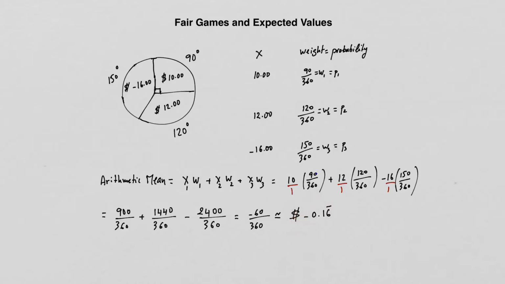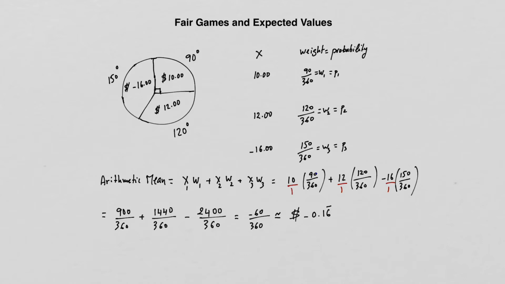That is the very first thing to realize. It's not tomatoes. It's not a percentage, because that probability has no unit, does it? Dollar times percentage is still a dollar. So this is in dollars. What does this mean? It means that if you play this game, you are expected to lose about 16 cents.